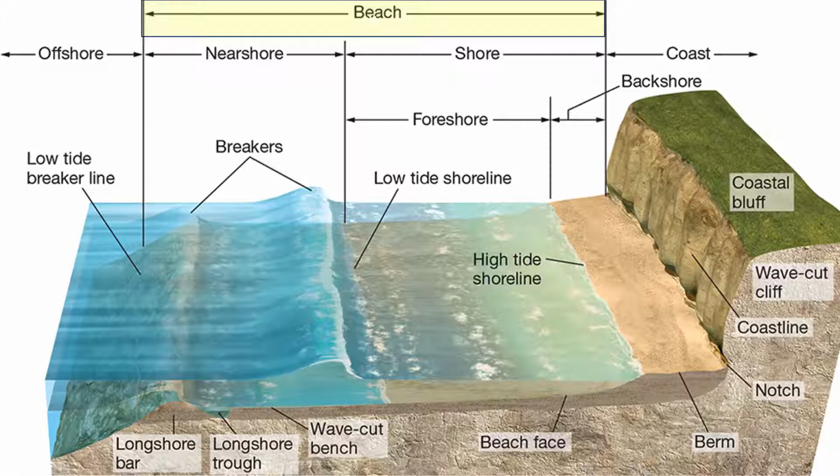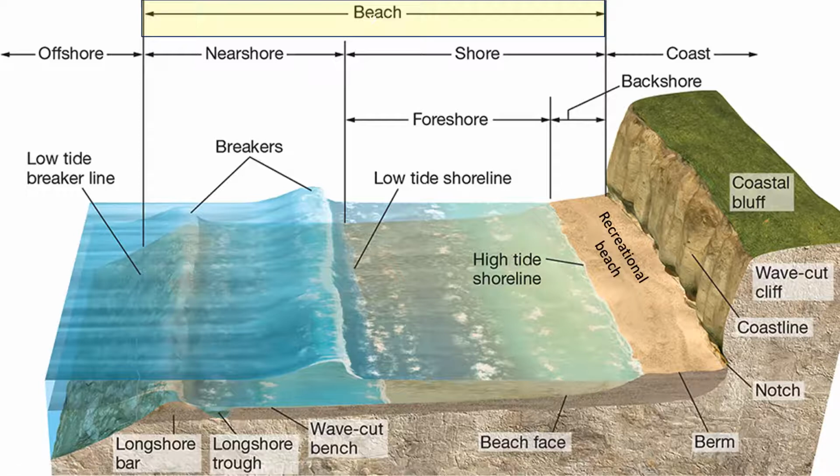Think of the beach as a deposit of the shore area because it consists of wave-worked sediment that moves along the wave-cut bench, this flat, eroded surface. The area of the beach above the shoreline is often called recreational beach.